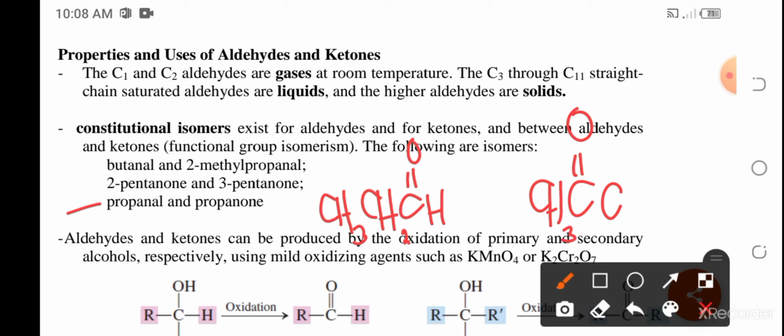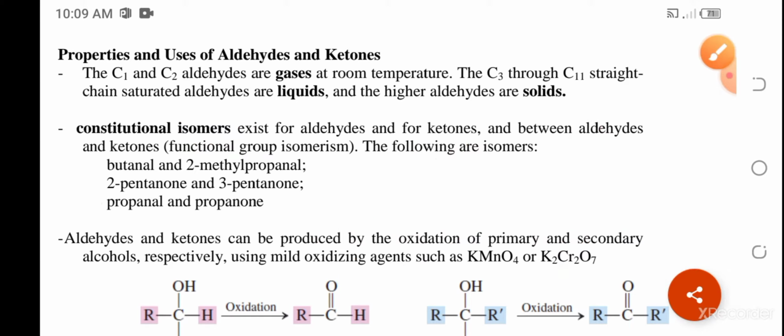However, the carbonyl group is attached in the middle. So looking at it, they both have 3 carbon atoms. Hydrogen is 6, and 1 oxygen. So with the same count of carbon atoms, hydrogen and oxygen, that makes them isomers.